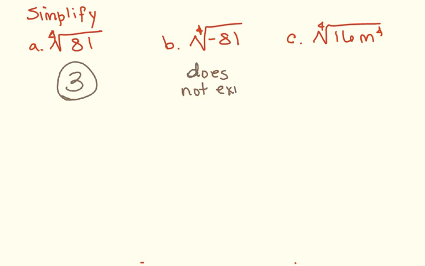Now you may have heard of imaginary numbers or complex numbers. So when I say it does not exist, I mean in the real number system. So it can't be simplified because right now we are working within real numbers.